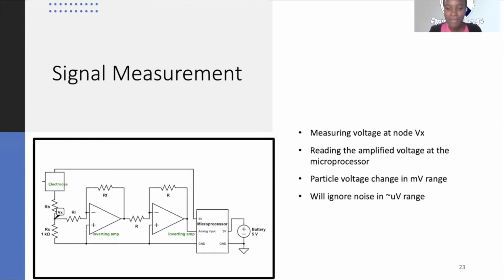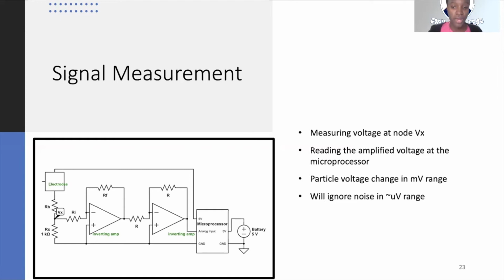So one thing about this is the particle voltage changes in the millivolts range, which is sufficiently large compared to the noise range of microvolts, which is mentioned in papers. But we do know that we could expect higher noise levels. So we are consulting people in the electrical engineering department who will help us with small signal measurements.